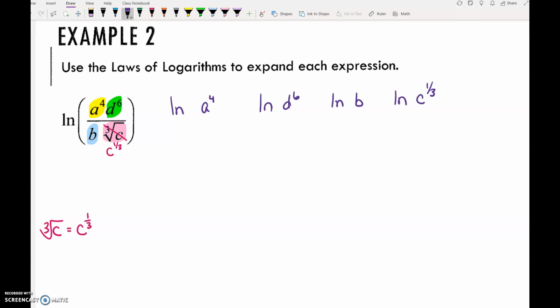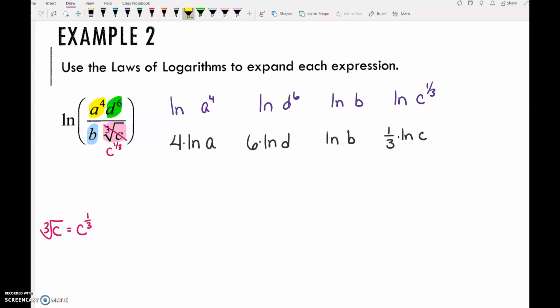If you want to do symbols right now, you can, or you can wait until the end. But I see that there's a bunch of exponents here. So this exponent of 4 needs to move in front. This is going to be 4 times the ln of a, 6 times the ln of d, ln of b doesn't change, and 1/3 times the ln of c.